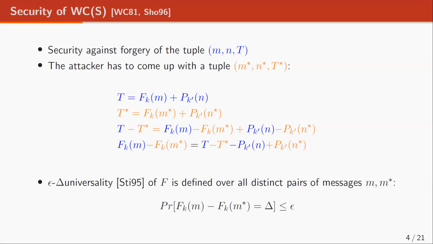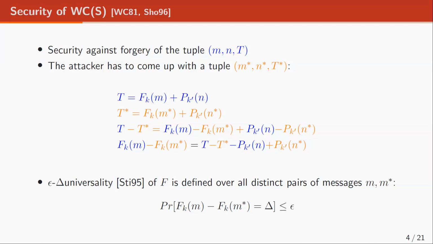So I'm just going to try and give an intuition of why we care about delta universality. In the case of Carter-Wegman, the attacker can get hold of this blue M and T, where T is computed as the sum of these two functions.